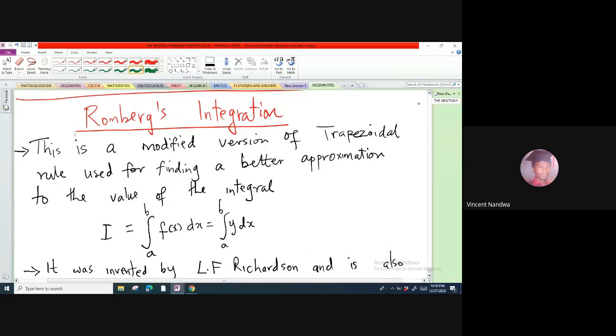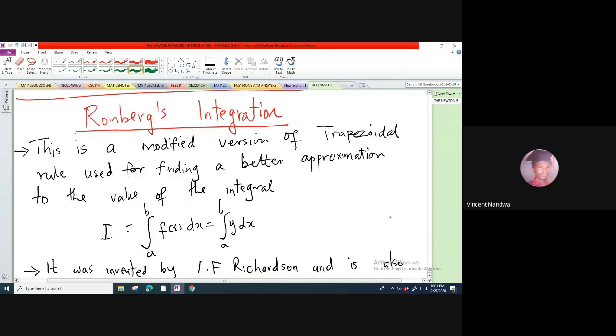Okay, welcome. Today we are going to discuss Romberg's integration. It is a modified version of the trapezoidal rule used to find a better approximation to the integral of the function f of x from a to b.